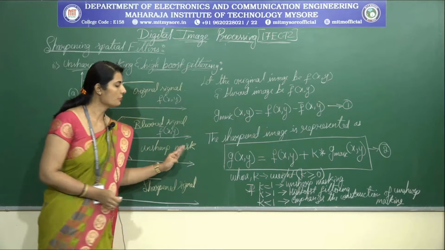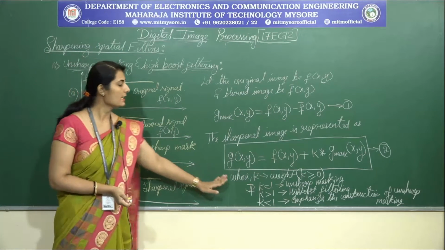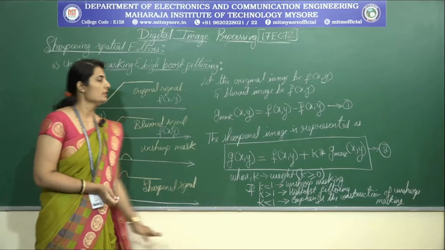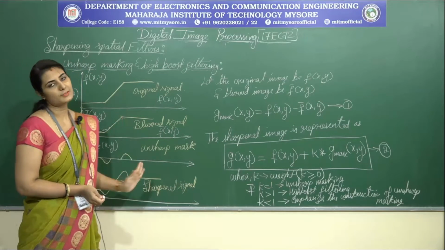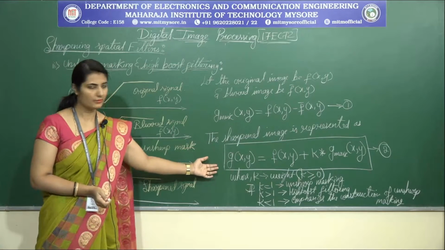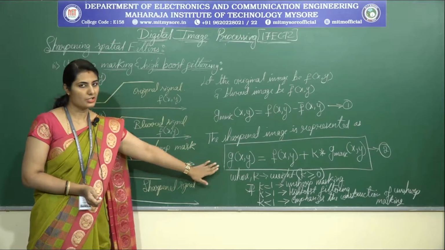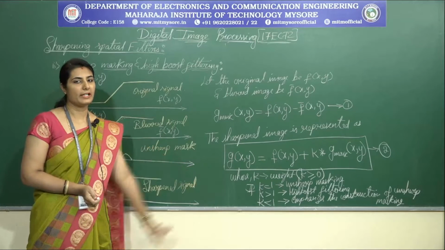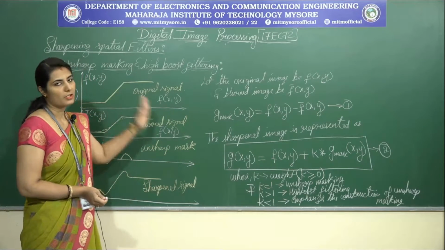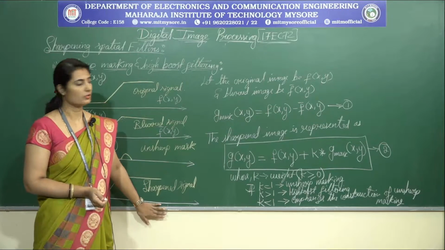So this is how we perform unsharp masking and high boost filtering to sharpen the image. This equation represents unsharp masking and high boost filtering depending on the value of k, and this performs the sharpening operation.